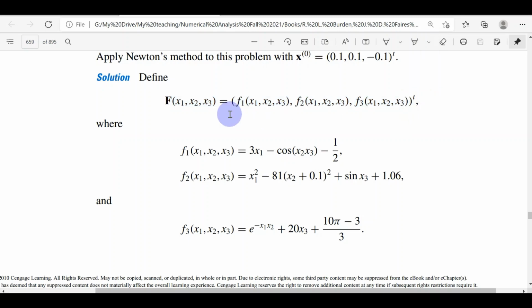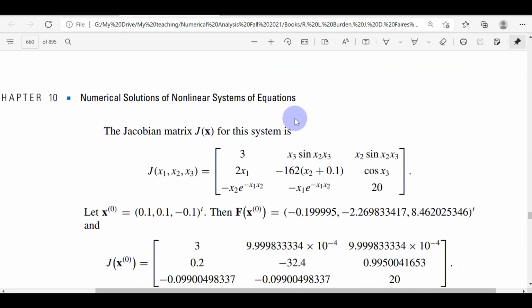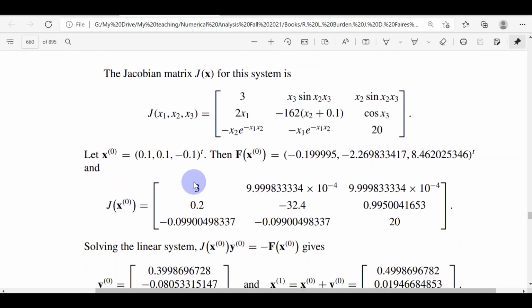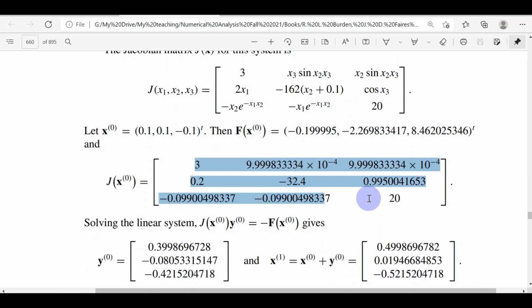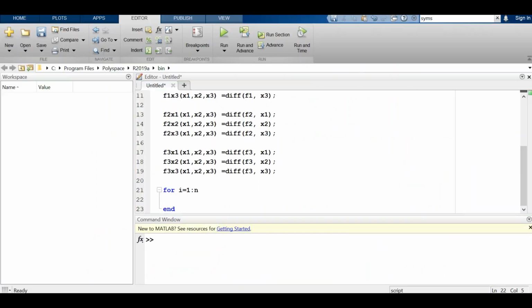To start the loop, I should use the values of the initial guess. In the Jacobian matrix, I will compute all the partial derivatives at the current x, which is my initial guess for the first iteration, obviously.